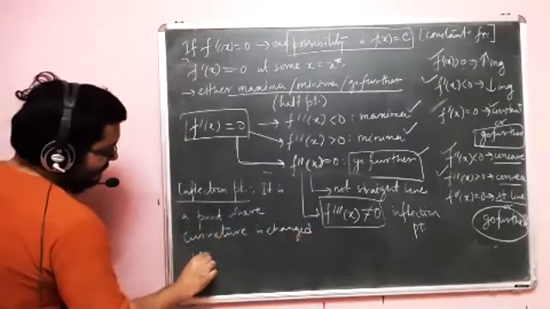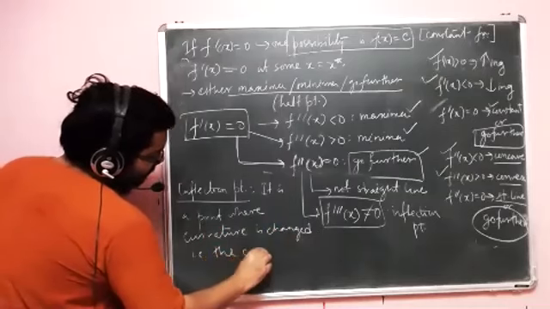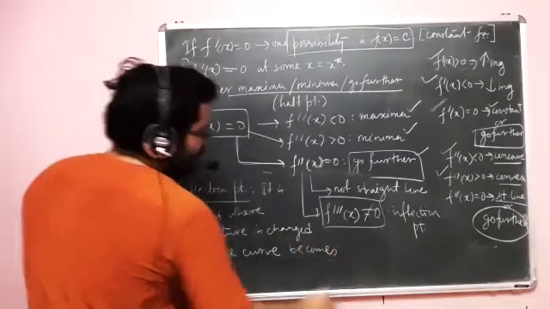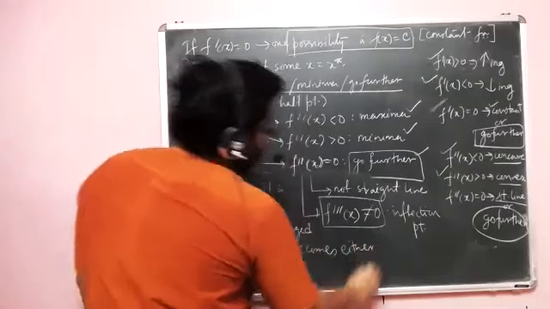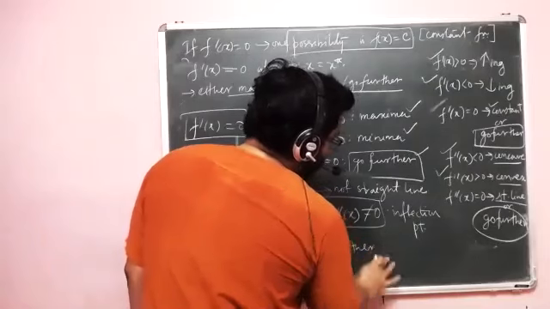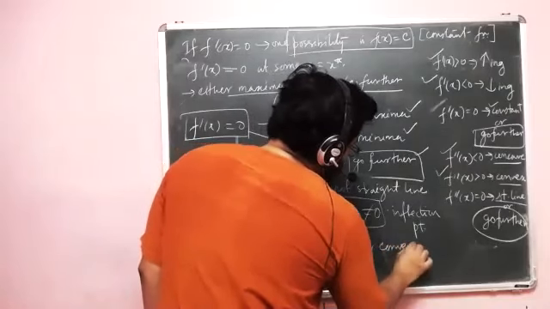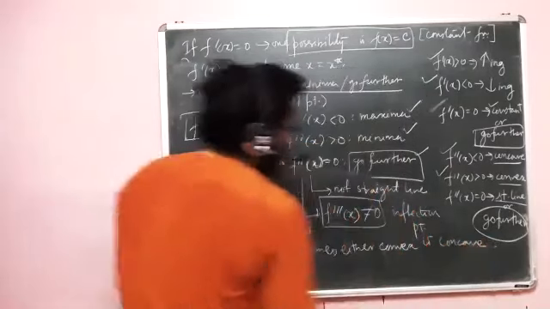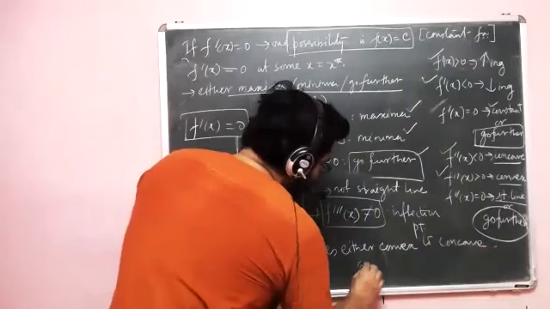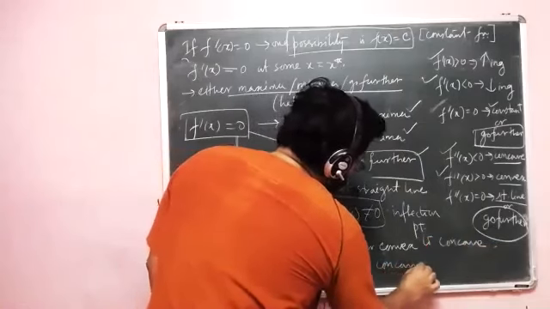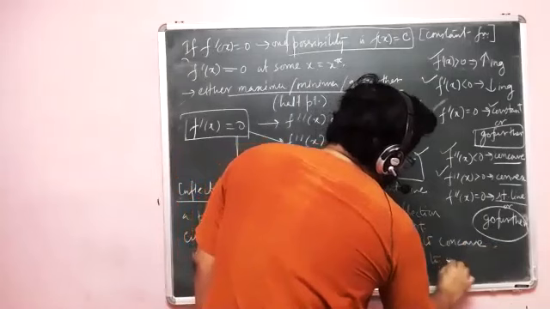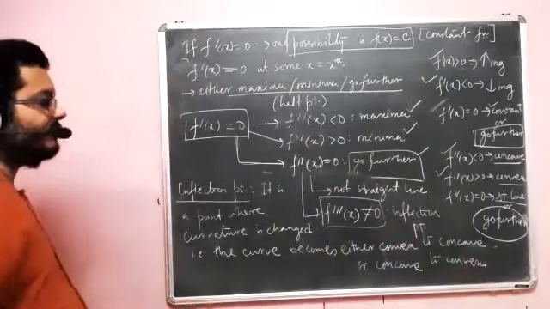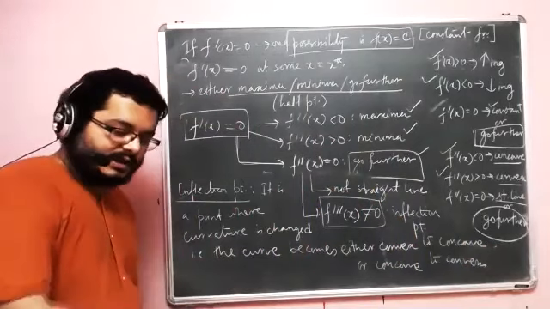That is, the curve becomes either convex to concave or concave to convex. So the curve can have both of these possibilities. Let us check both of them.